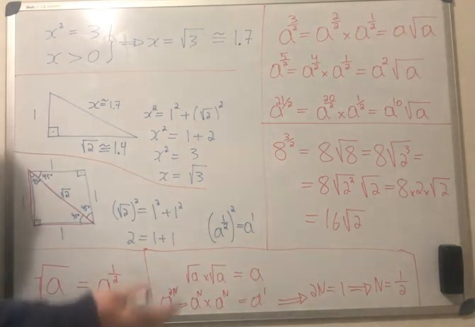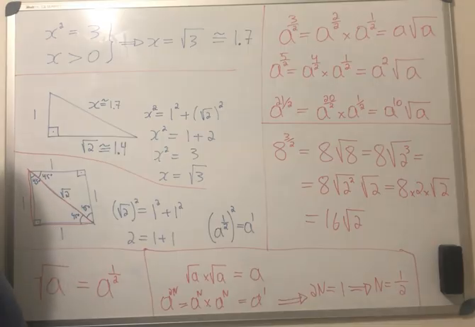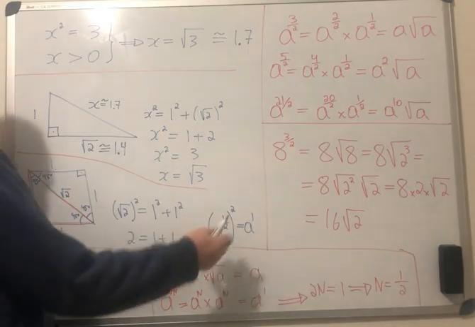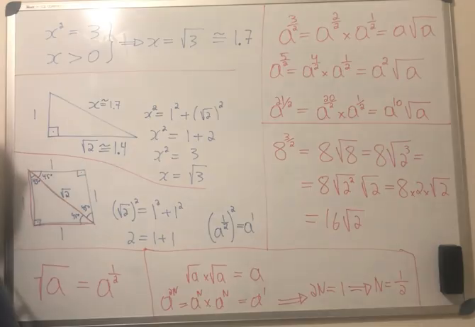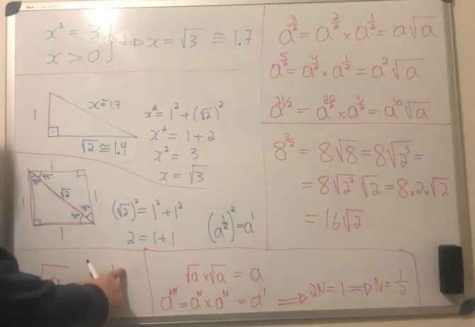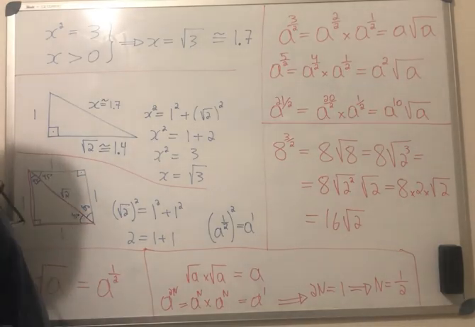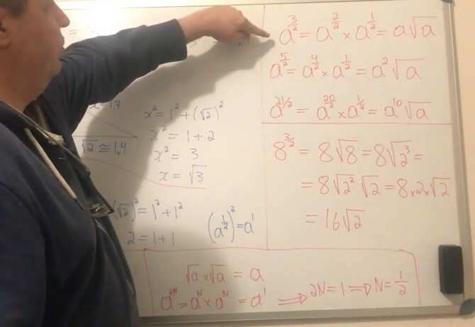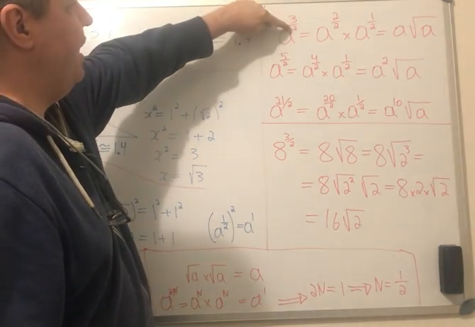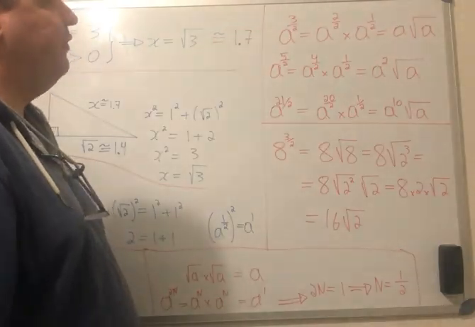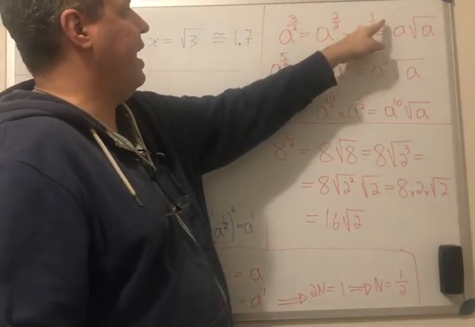So all the rules we learned before also apply when you have exponents as fractions, as fractions like 1/2. For instance, here I'm considering a to the power 3 halves. But 3 halves is 2 halves plus 1 half.